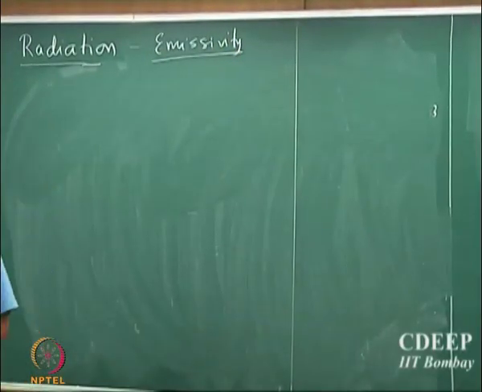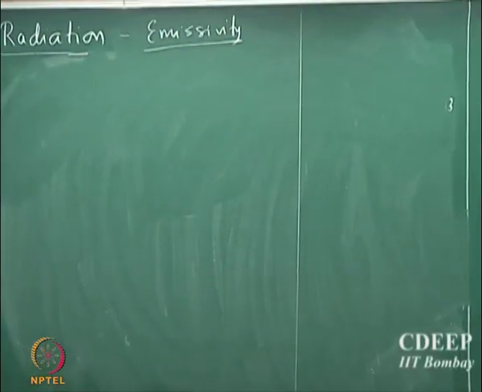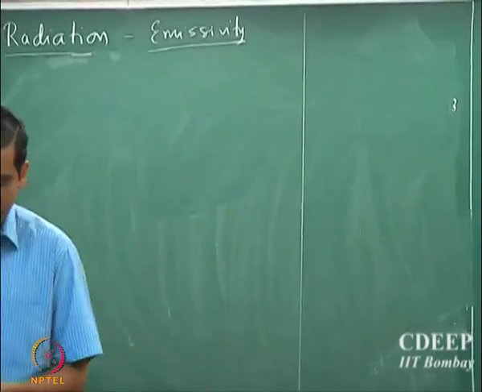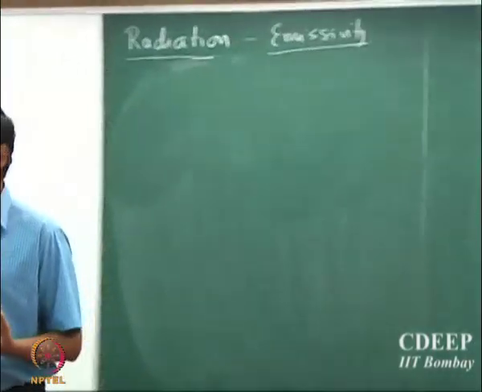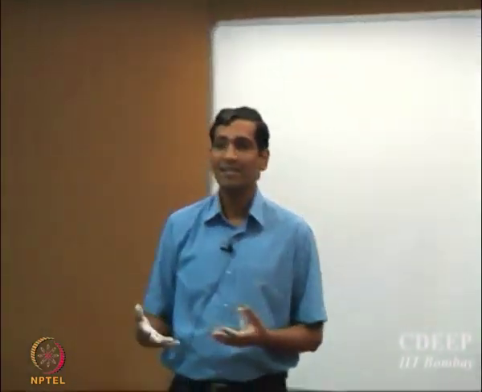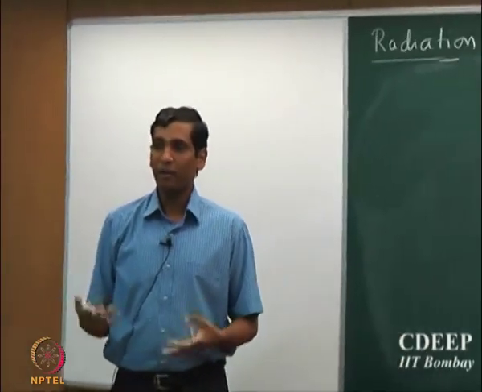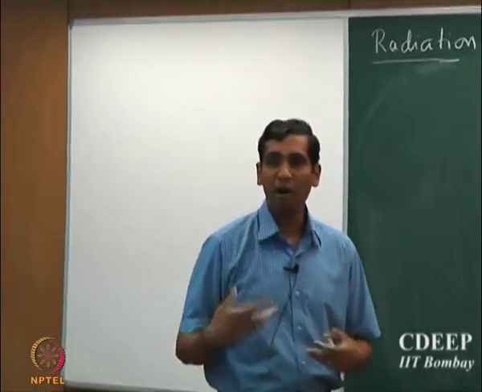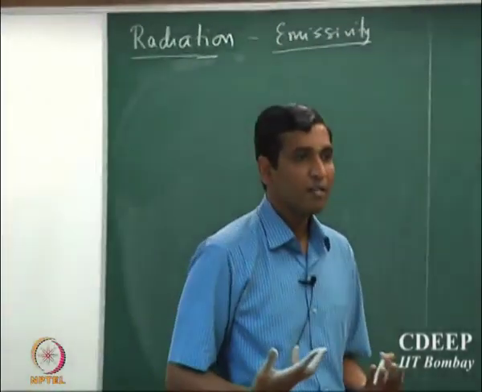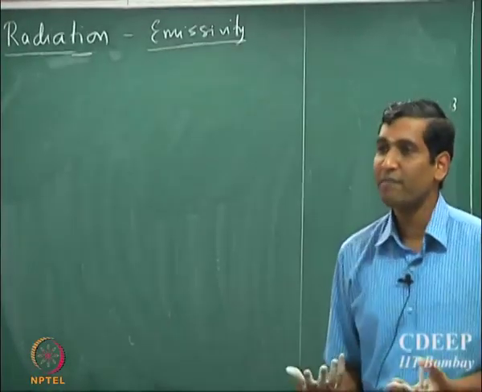Now the reason for such a definition is often you may not know what are the properties of a real surface. So remember when we defined Blackbody, we said that Blackbody is considered to be a standard, right? So you want to define all the properties of a real surface using the properties of the standard, which is the Blackbody radiation.